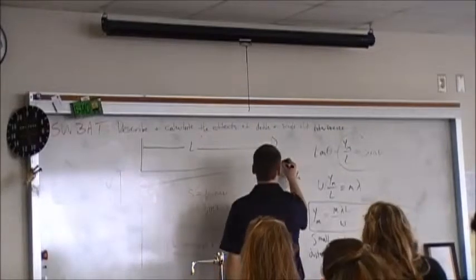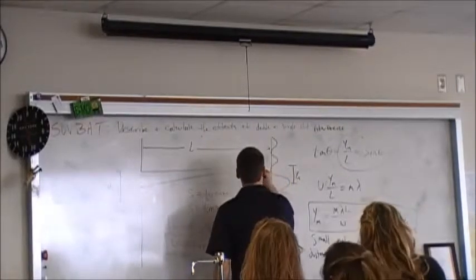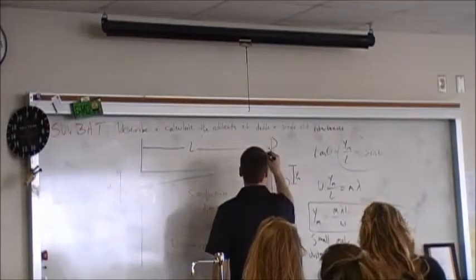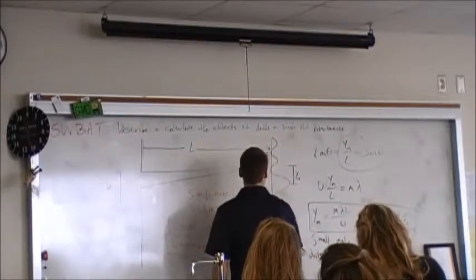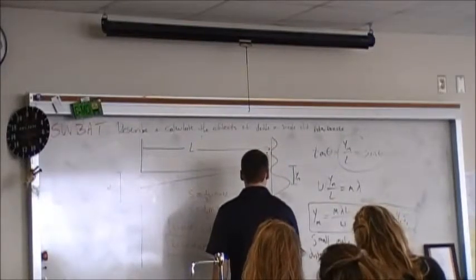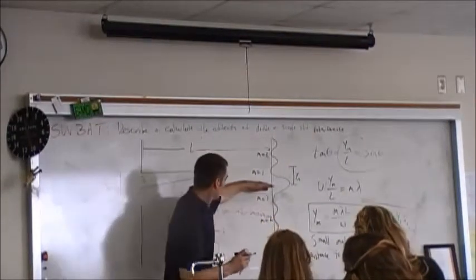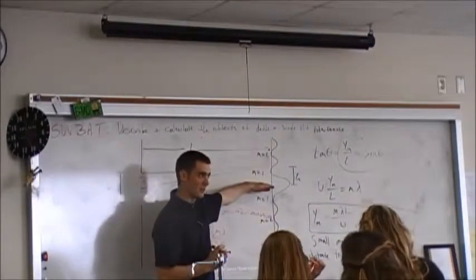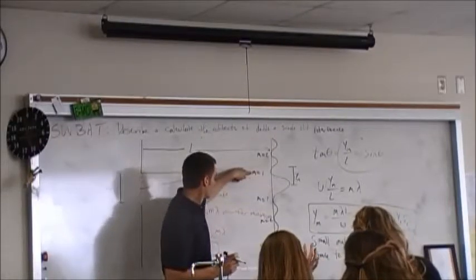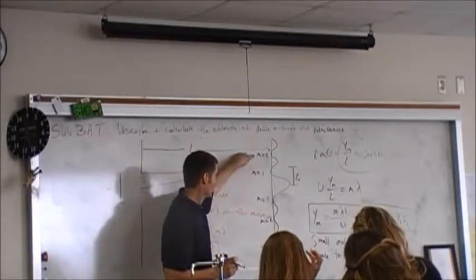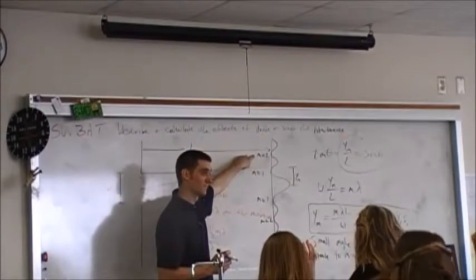So this one right here, this dark spot, is called m equals 1. This one right here, m equals 2. Here's the central bright peak, the bright spot. Here's the first dark spot away from that. Here's the second dark spot away from that.